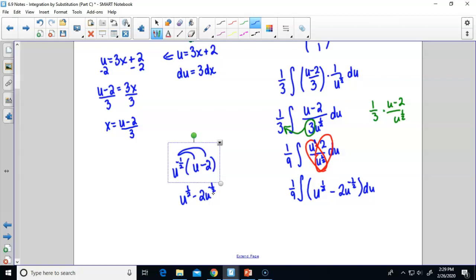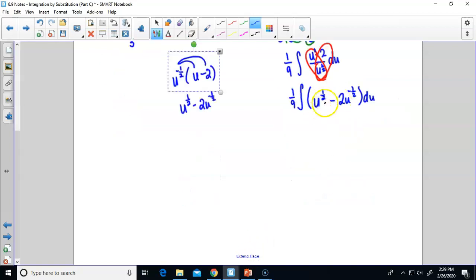Okay, questions so far? All right, then we're finally to the point where we can integrate. So you add 1 to the exponent, so you get 3/2 right here. And we'll keep that 1/9 way out front. And this is going to be 1 over 3/2, which is going to be 2/3. And then we will have u to the positive 1/2.